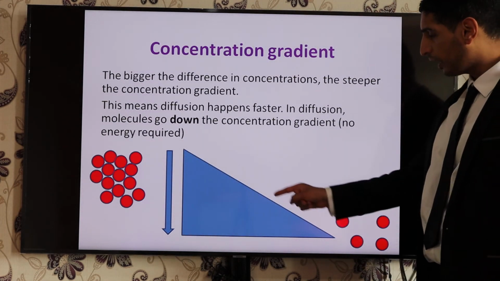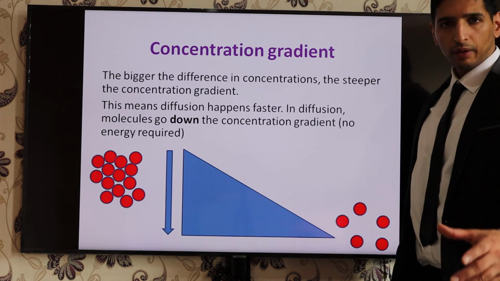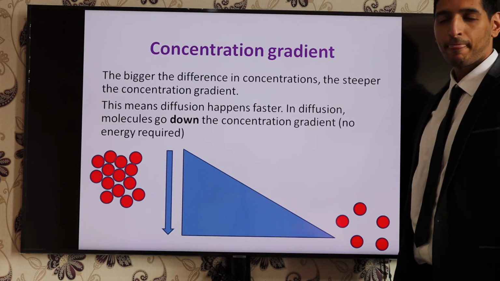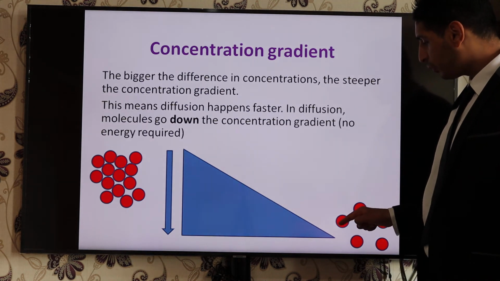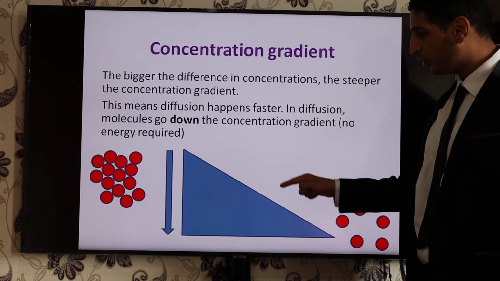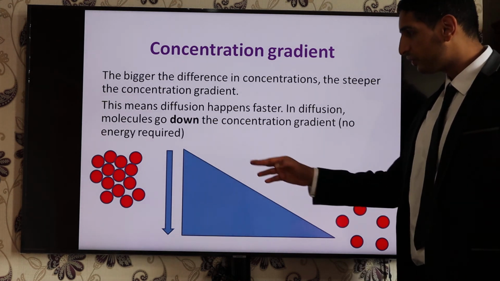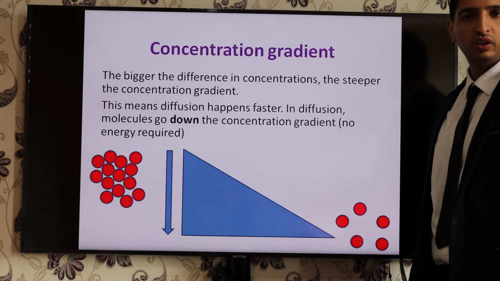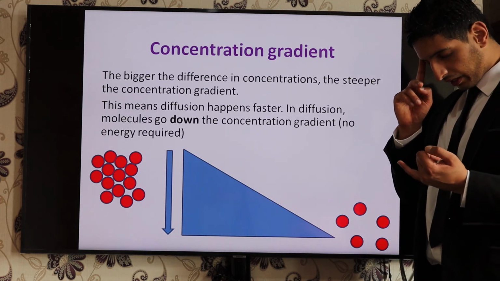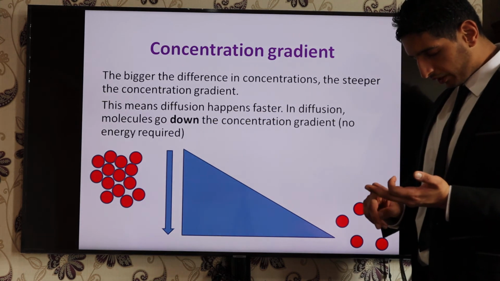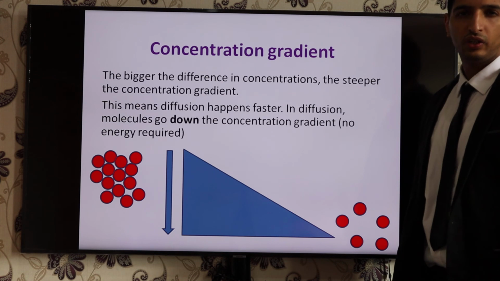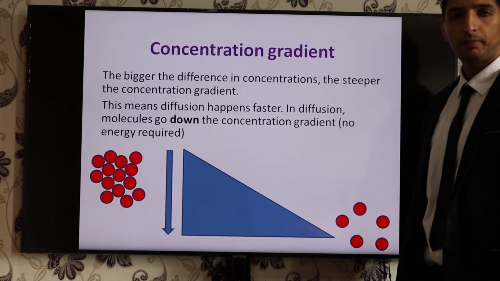You are trying to climb the mountain. When you're climbing a mountain, what do you need? You need energy. So it's exactly the same here. You're going against the concentration gradient, you need energy, and then you will meet your mates on top of the mountain. It is important to understand it happens from a low concentration to a high concentration, and most importantly, it requires energy, and it's again across a semi-permeable membrane.